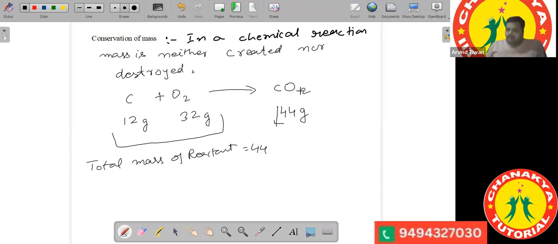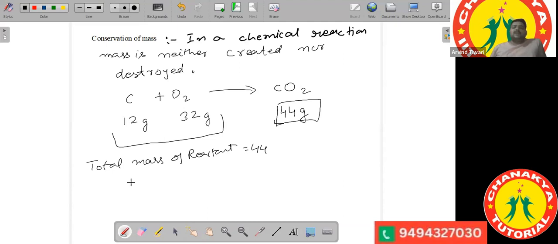When will it become 44? When all the reactants react and get converted to the product, you will have a total of 44 gram of carbon dioxide. So you cannot create mass and you cannot destroy mass in a chemical reaction. In any chemical reaction, the mass remains conserved.